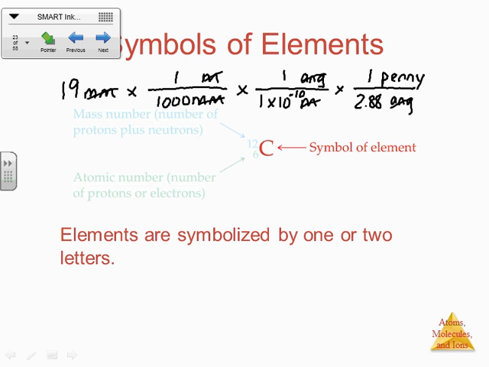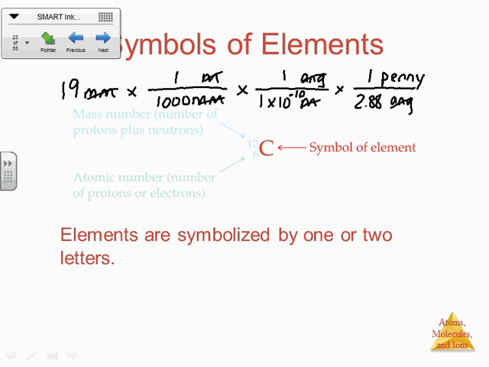Once you go ahead and calculate that, you have 19 divided by 1,000, then divided by 1 times 10 to the negative 10th, divided by 2.88. That should give you a fairly large number.